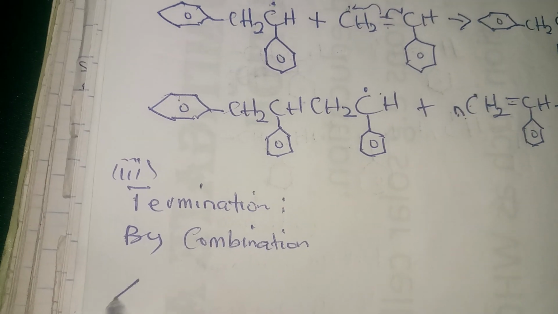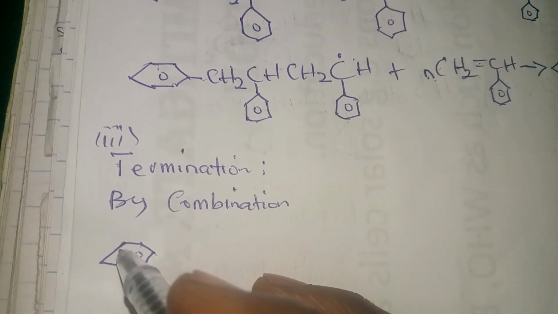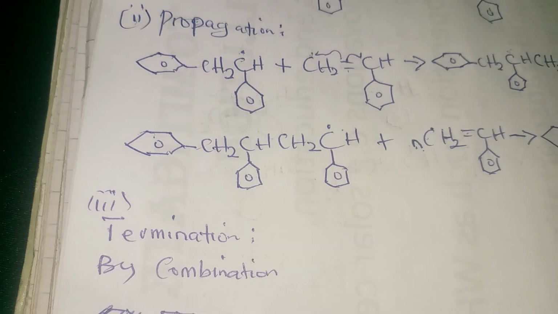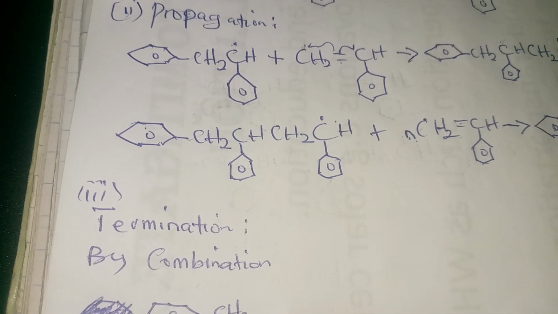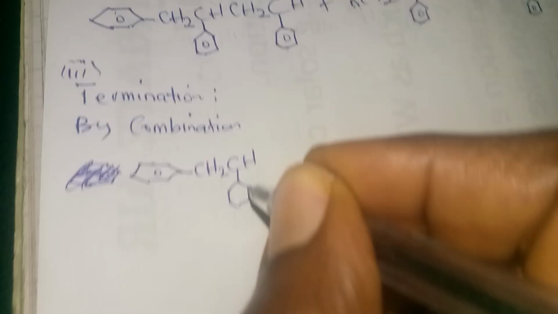In this case, I can choose to make it this way. Your benzene ring has to look well. Very fine. Copy it just the same way it is. CH, my phenyl group.